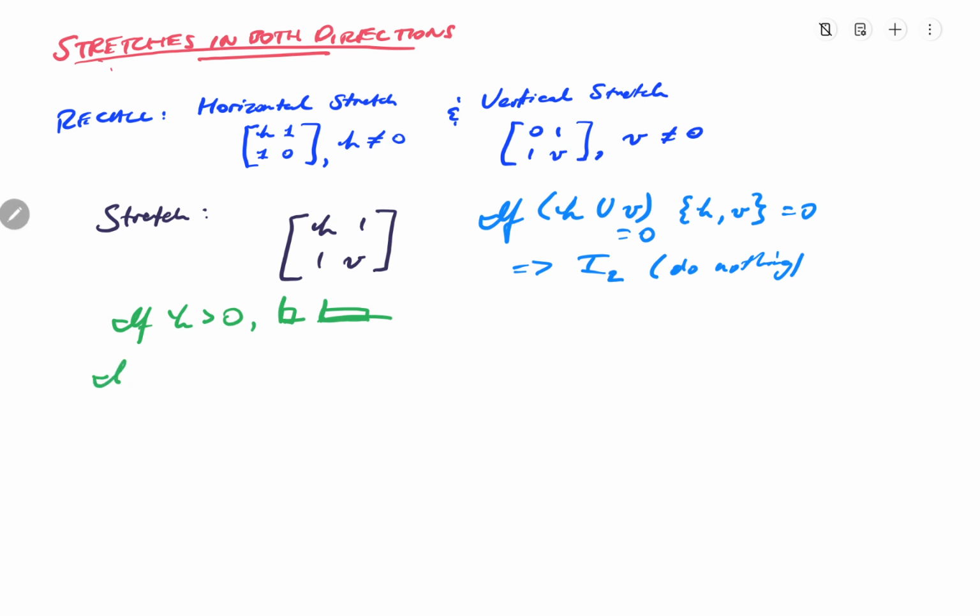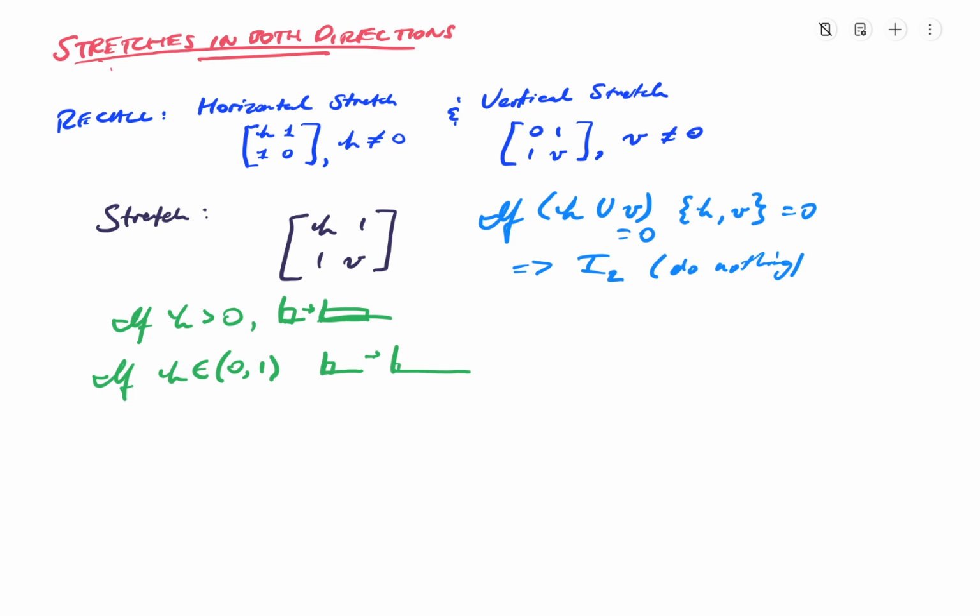If h is, let's say, between 0 and 1, so it'll be soft brackets for our interval, then if we had our original square, all the x components that aren't 0 will get smaller.